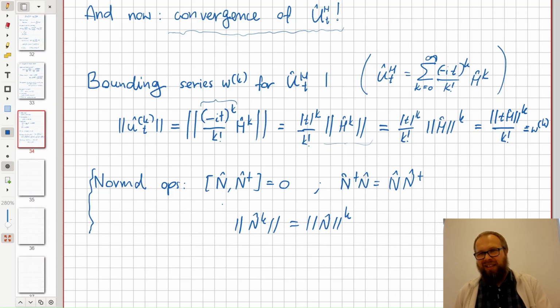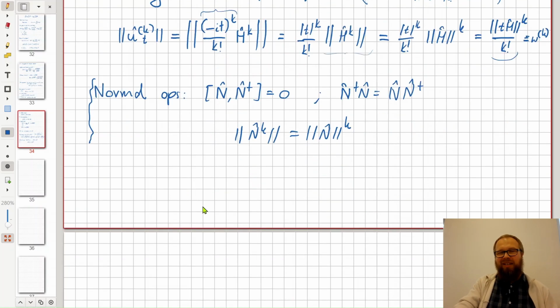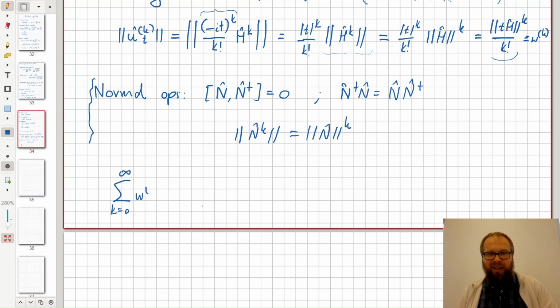We started from the Taylor expansion of the exponent function here, right? So this is a series that defines the exponent for the value t times the norm of H. So we immediately know that the sum from k equals 0 to infinity of w_k is the sum of (t times norm of H) to the power k over k factorial.